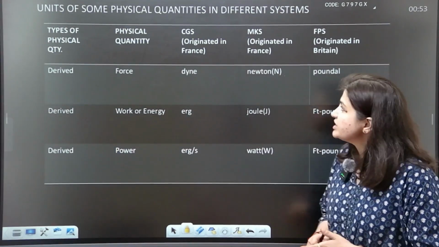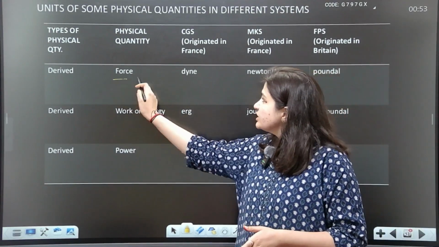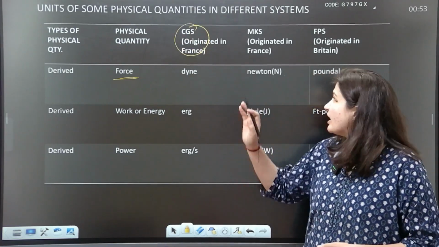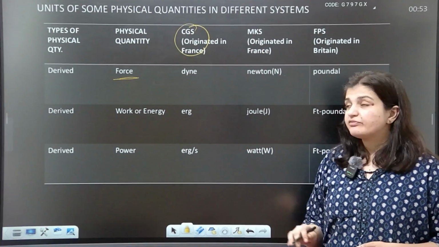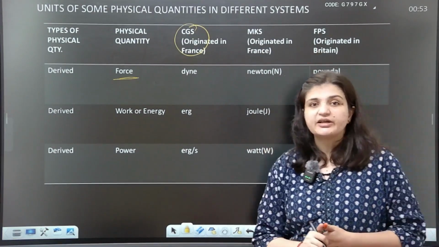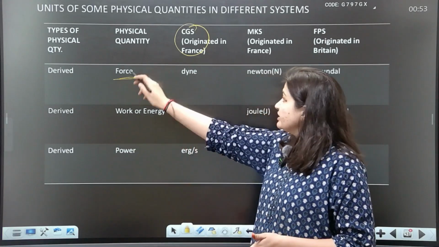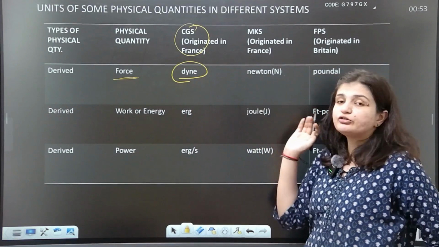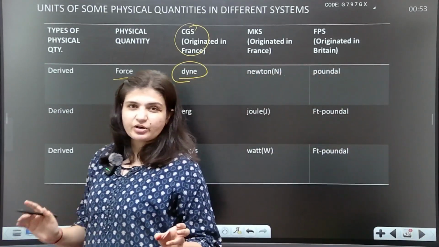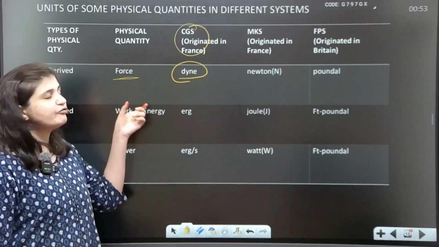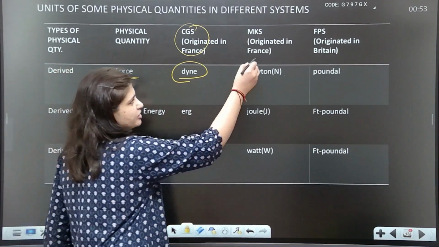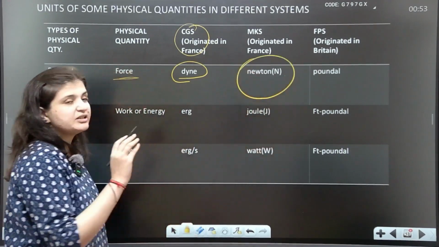Now students, let's talk about force. The CGS system originated in France, MKS also originated in France, but FPS originated in Britain. In CGS, force is measured in dyne, but we have to consider the standard unit, that is the newton.